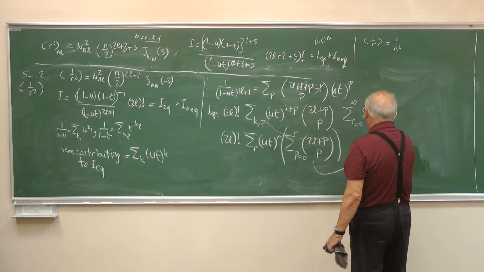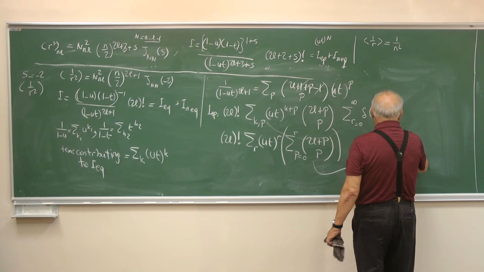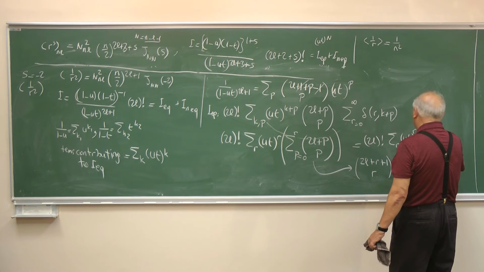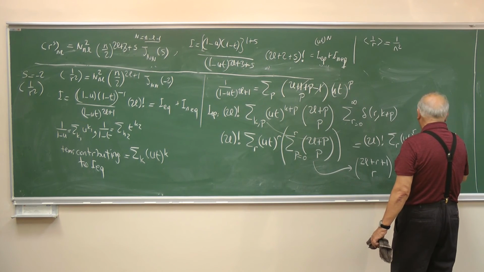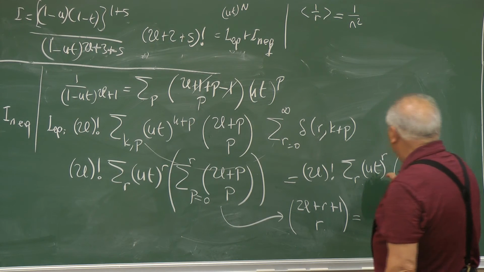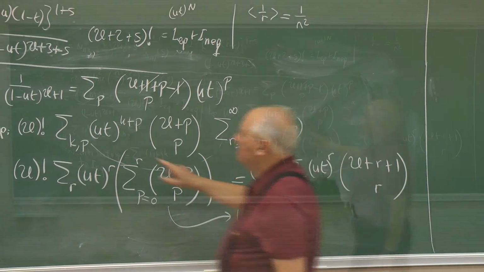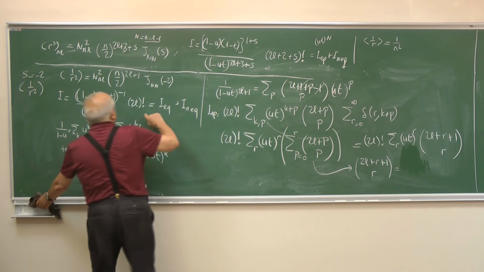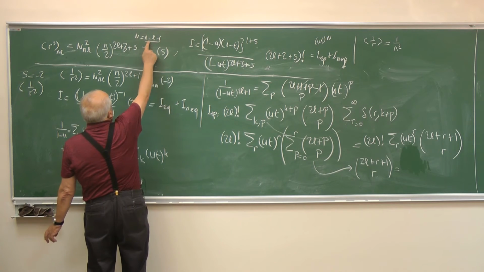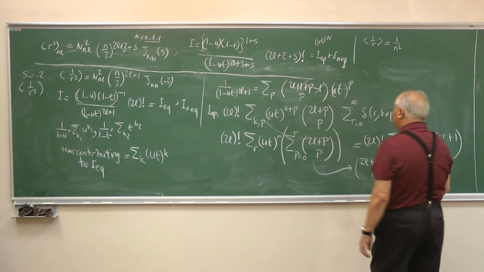So it is equal to 2L factorial sum over r of ut to the r and binomial 2L plus r plus 1, r. Now, this is of course an infinite sum, but what we are looking for is ut to the power N, because the coefficient of ut to the power N, capital N being n minus l minus 1, will be our desired coefficient.